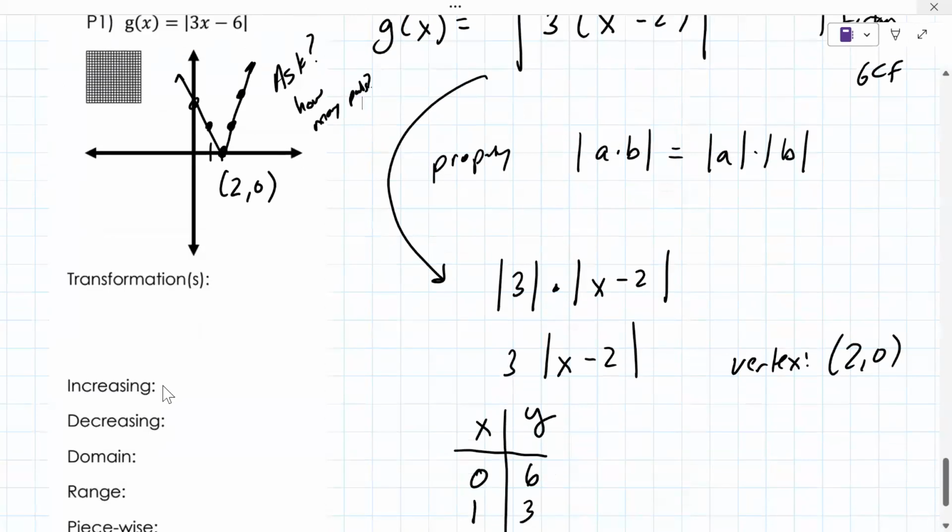Okay. Could you tell me increasing, decreasing, domain and range, and then we'll talk about the piecewise part of it. So increasing would be from 2 to infinity, good, and decreasing from -infinity to 2.